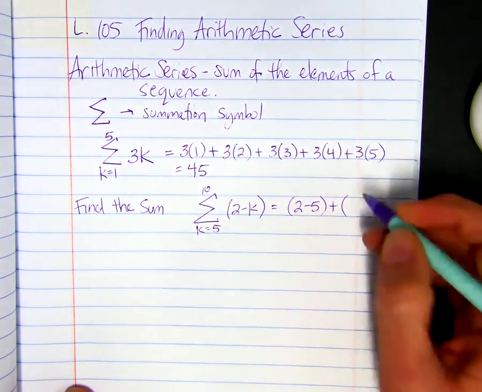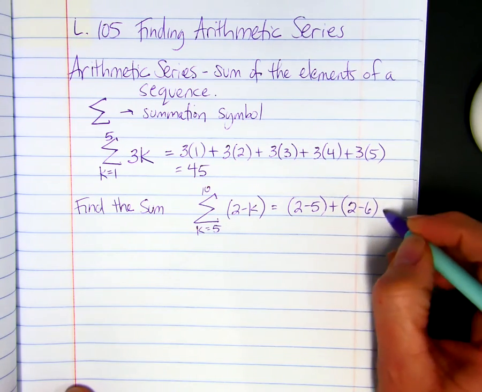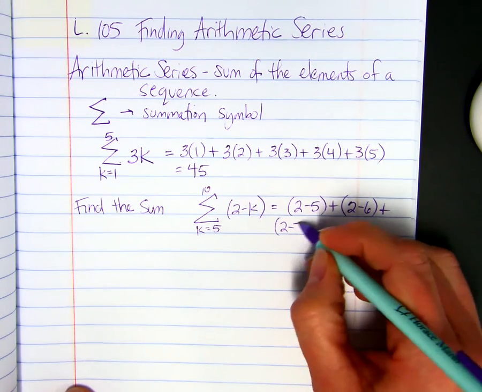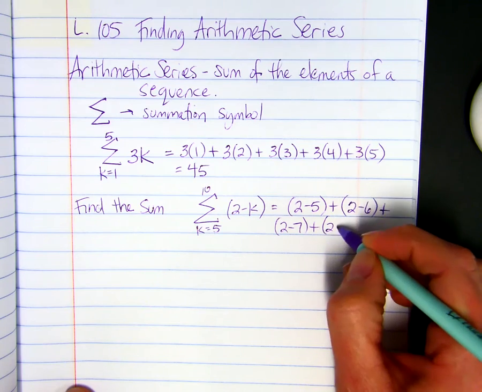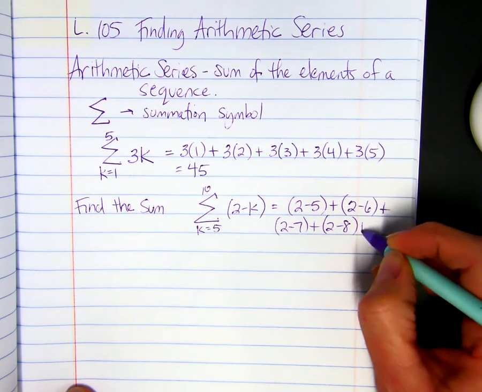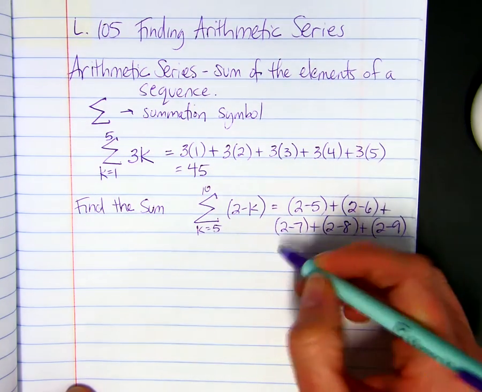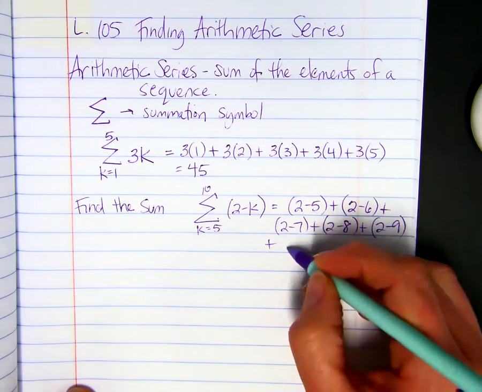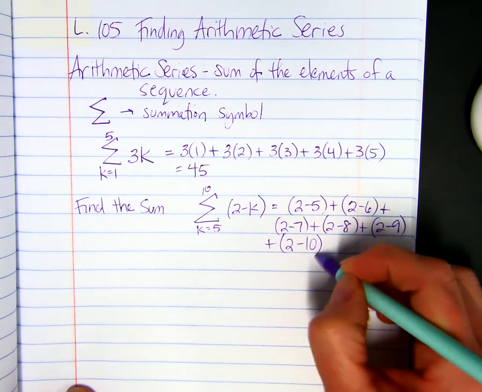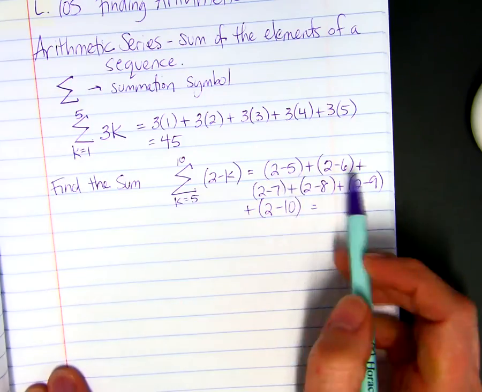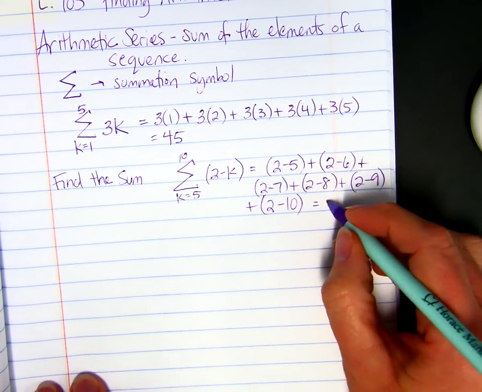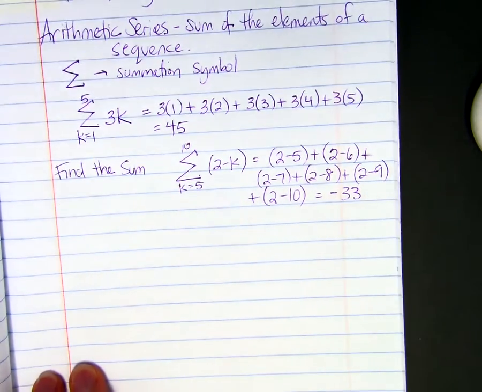Then we add 2 minus 6, and then 2 minus 7, then 2 minus 8, then 2 minus 9, and then 2 minus 10. Then you figure all those differences out, add them together, and you get negative 33.